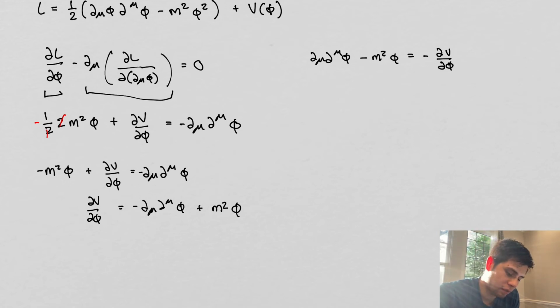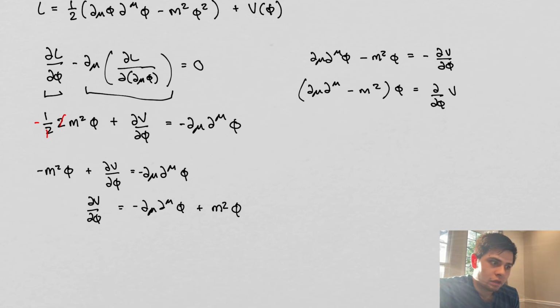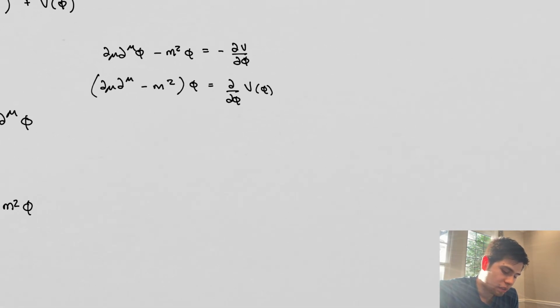So once we get to this point, let's generalize this a little bit more. Actually, we can make this an operator by just factoring phi out, and this is dV d phi, and again, V is a function of phi. And so what does this tell us?